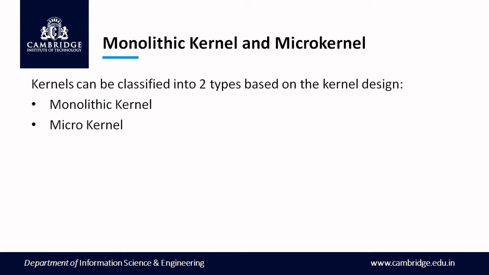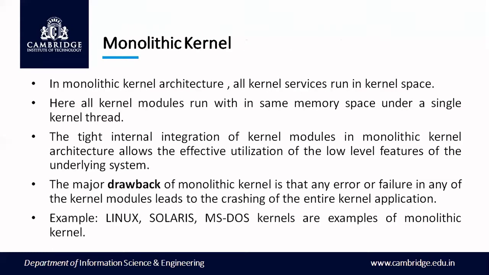Kernels can be classified into two types based on how the kernel is designed. So these two types of kernels are available. We will see what the difference is between them.